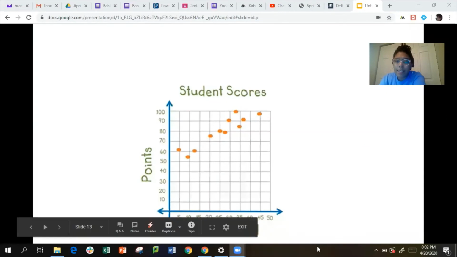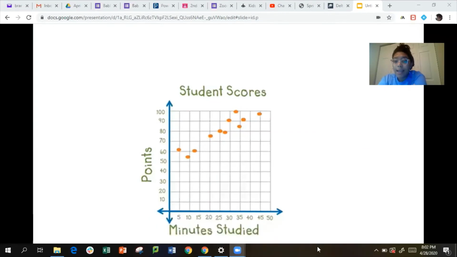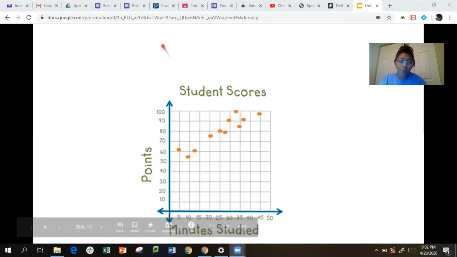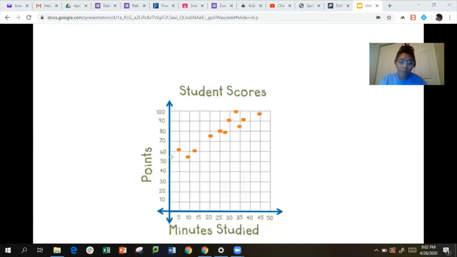So now let's look at how we could calculate the line of best fit. First, let's see where, if we were to draw a line from here to here, our y-intercept would be. It looks like it would be about 47.